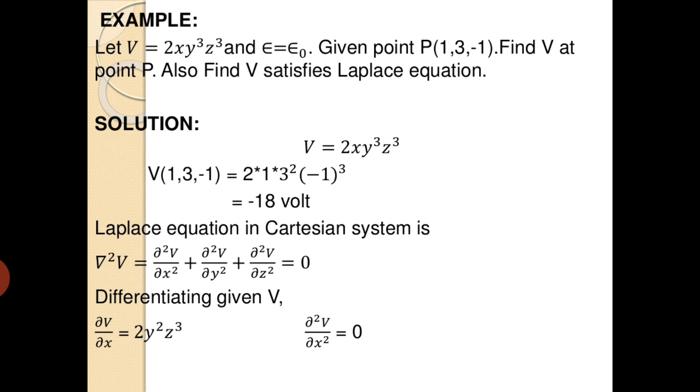To check this, first we differentiate the given V. Dou V by dou x is 2y square z cube, and differentiating again, dou square V by dou x square is equal to 0.